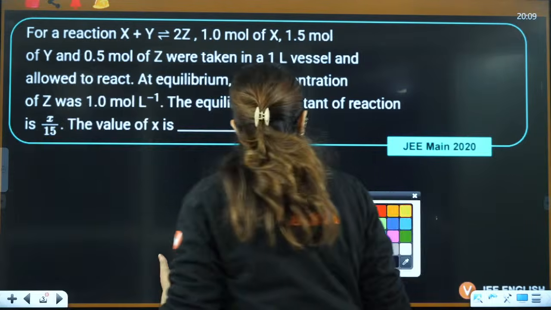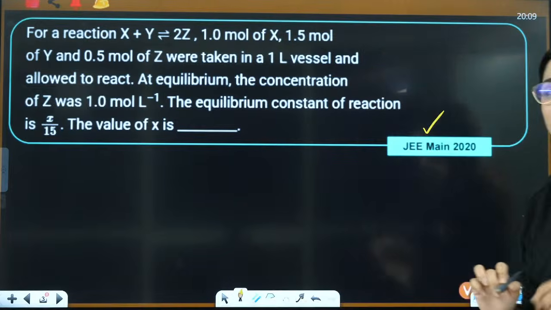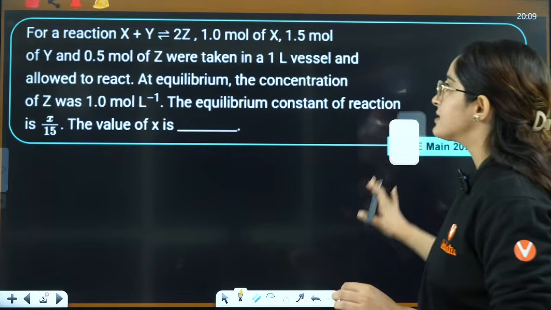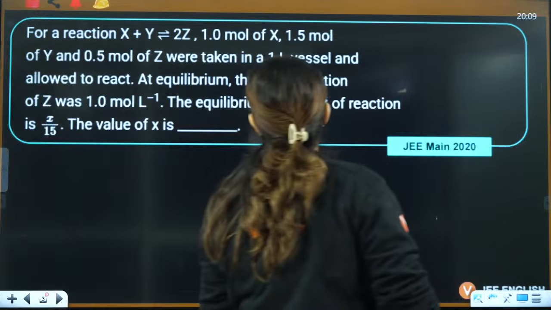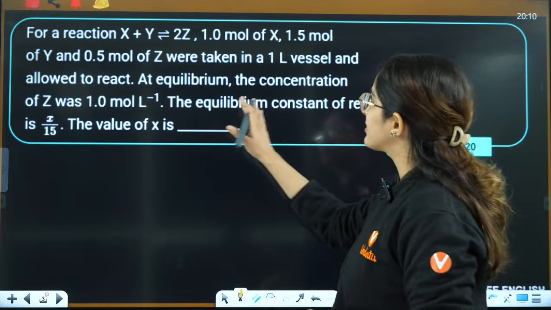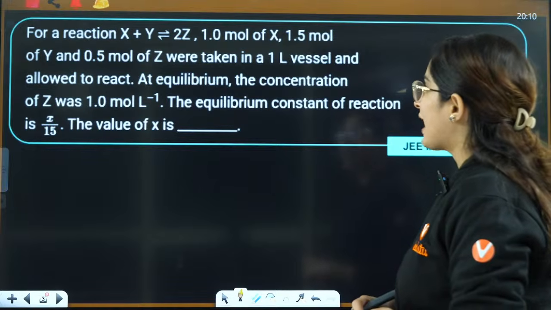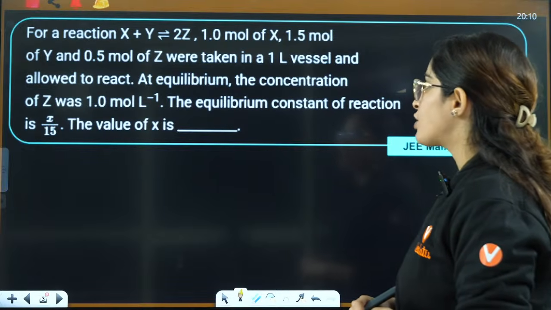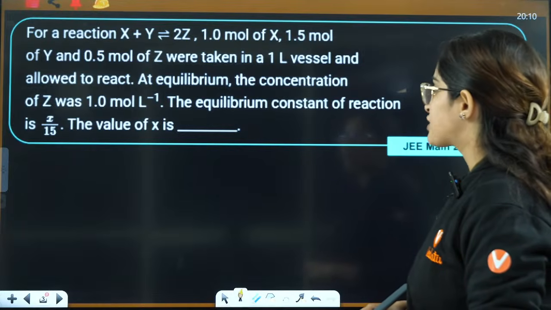So here, first question, that is a JEE Mains 2020 question: for a reaction x plus y gives rise to 2z, 1 mole of x and 1.5 of y were taken in a 1 liter vessel and allowed to react. At equilibrium, the concentration of z was this, and the equilibrium constant of the reaction is this.